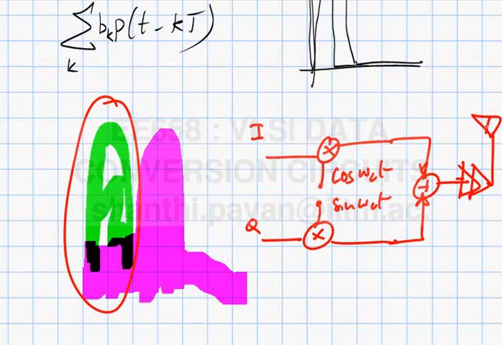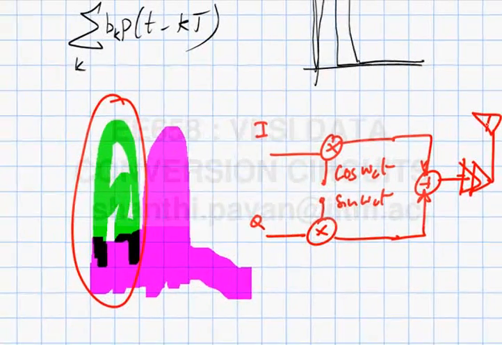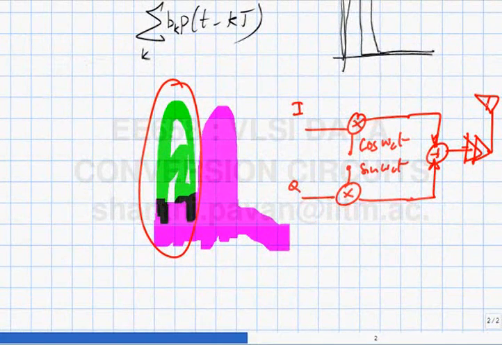The reason why you don't do that is if you take the bit stream and modulate it, the bit stream has got so many sharp edges, right? Sharp edges basically means high frequency content. So when you translate that high frequency content up to the carrier, it will basically spread all over the place. You understand?